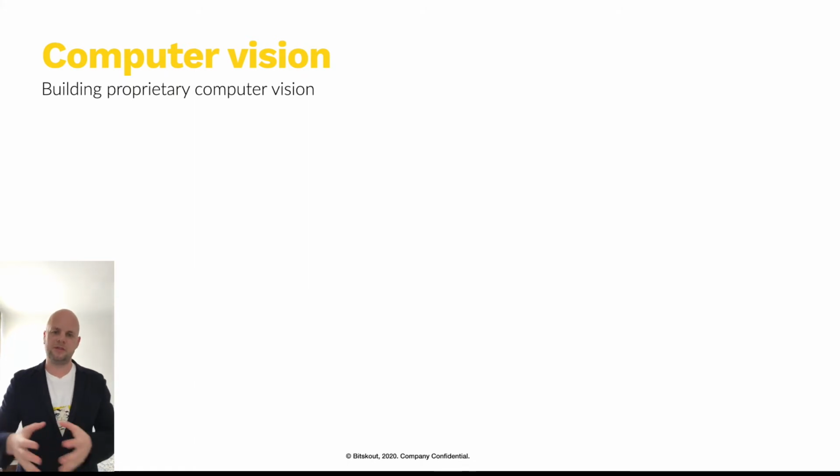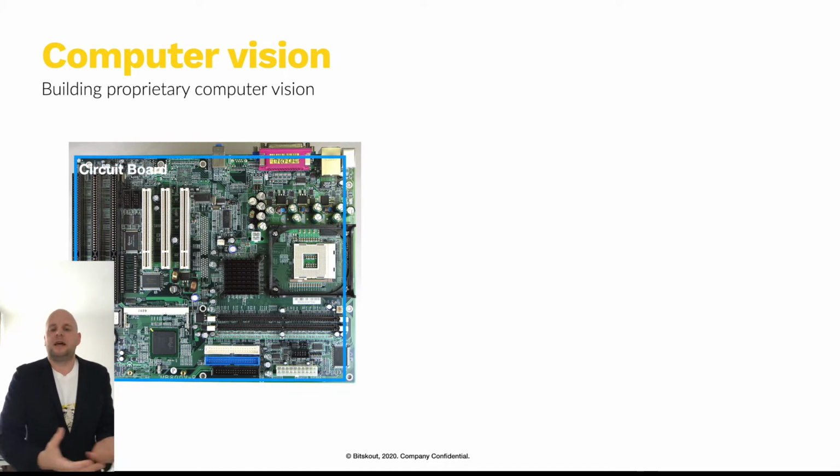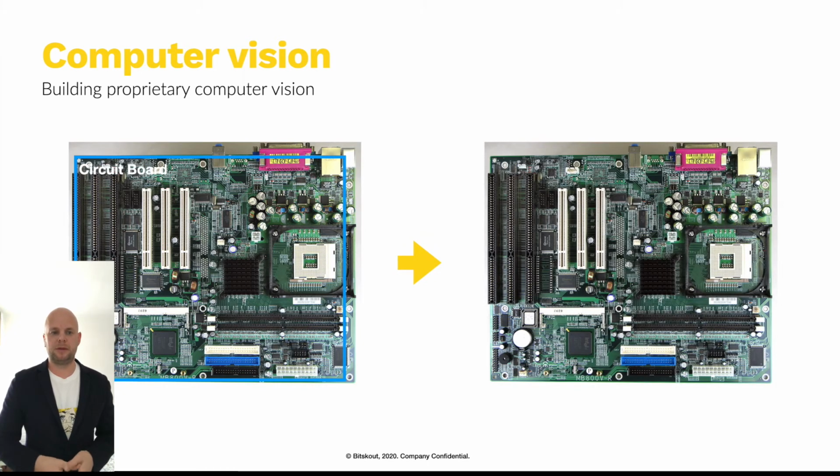In computer vision, it's very important to have lots of proprietary data to understand the difference between different objects and to use object classification. In this case, if we use a standard model, we just recognize that this is a motherboard, a circuit board. But what happens if we have a lot of information and we prepare real proprietary computer vision?